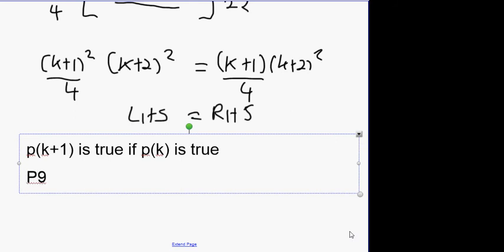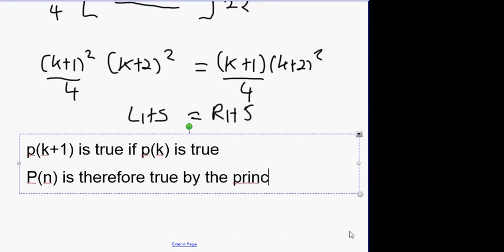P of n is therefore true by the principle of mathematical induction.